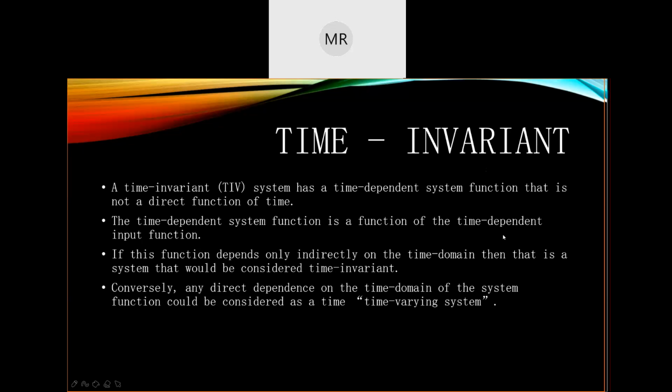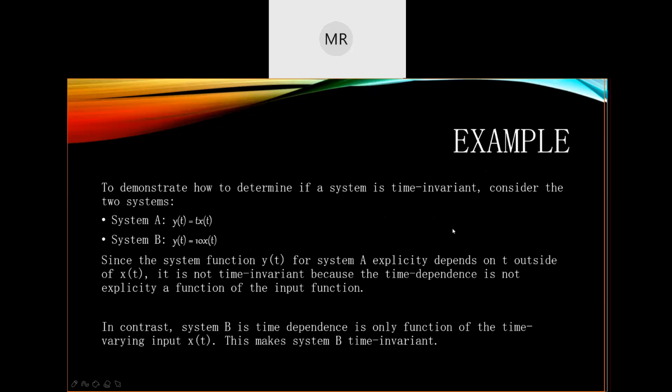For the next slide, this is a simple example to demonstrate how to determine if a system is time invariant. Consider two systems. System A, y(t) = t x(t). System B, y(t) = 10 x(t).